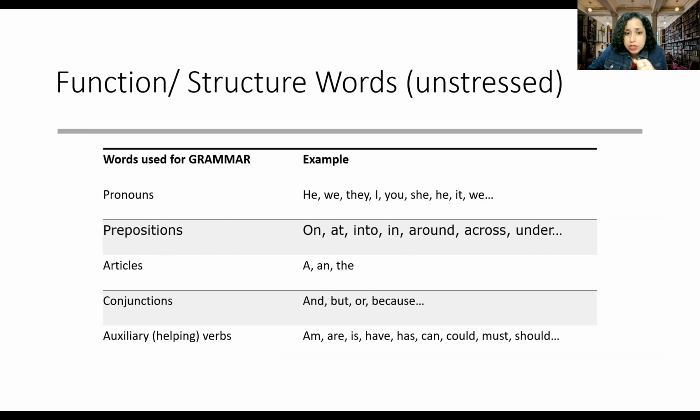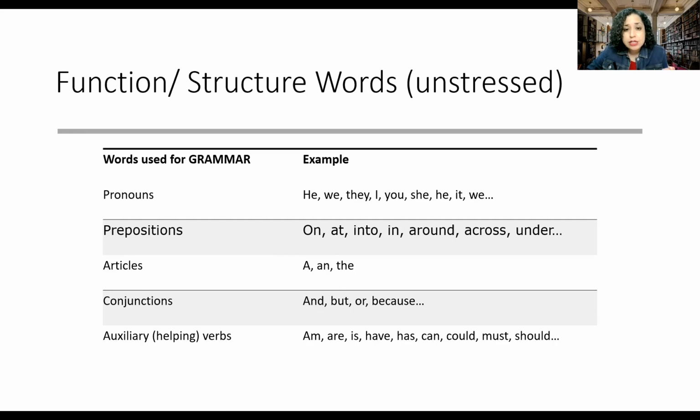Auxiliary verbs like am, are, is, which is the verb to be, the verb to have, has, can, could, must, should. All of those are auxiliary verbs. Those that you study in your first English course, well, let me tell you that you don't need to stress them when you are pronouncing something.